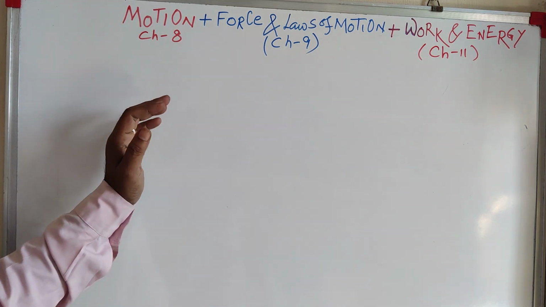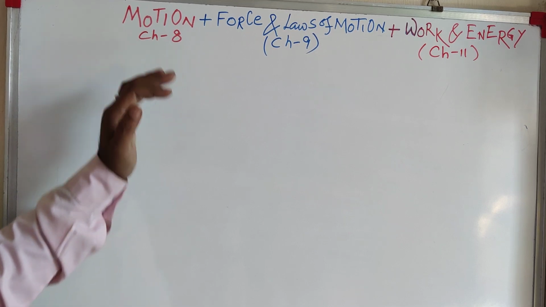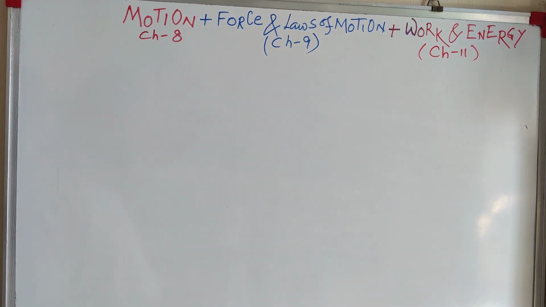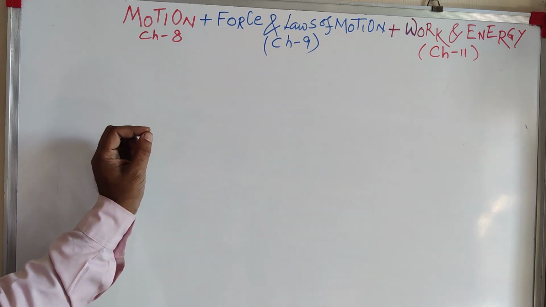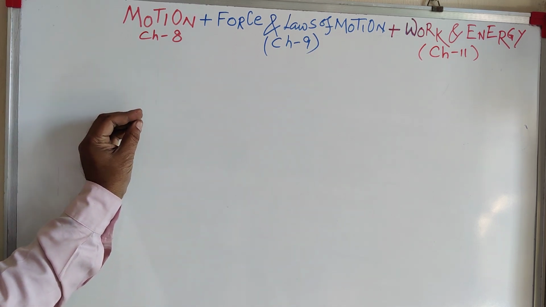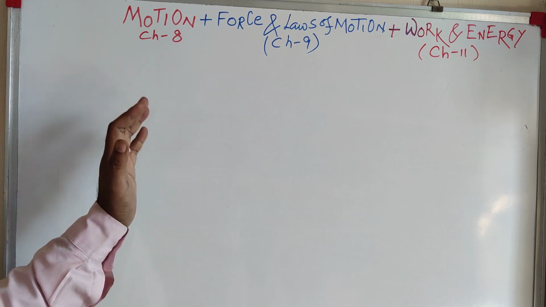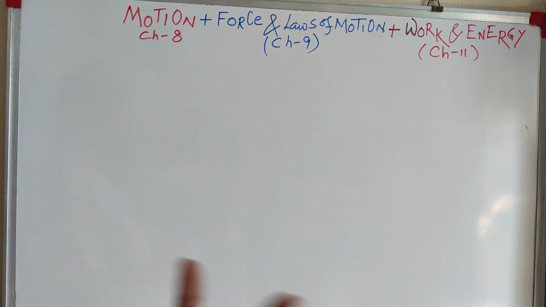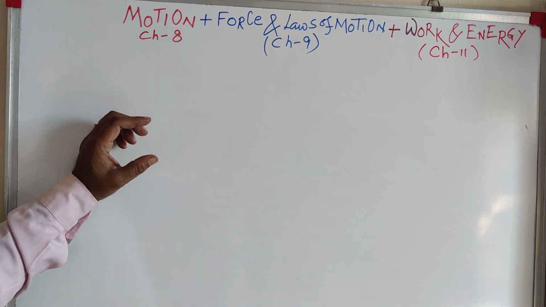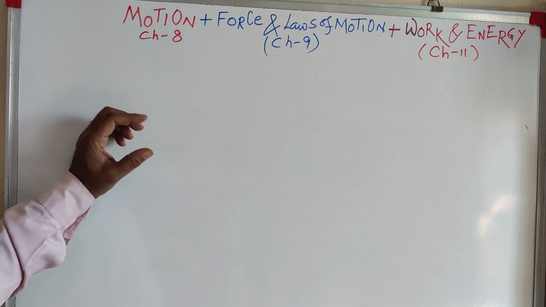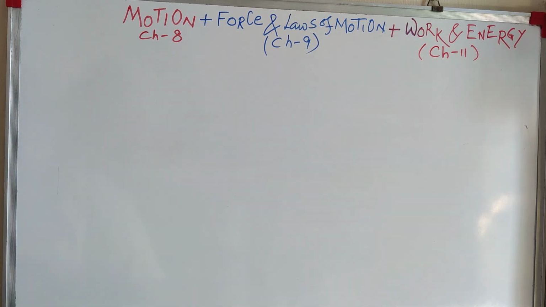Now let us start with chapter 8, that is the motion chapter. What is motion? Motion is, we can say, any object, whether living or non-living. Even I myself am an object, you are an object, because in physics everything, whether living or non-living, can be considered an object.